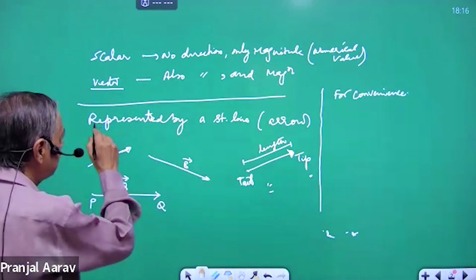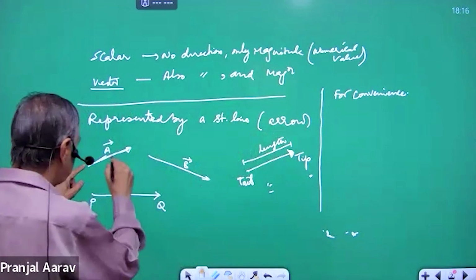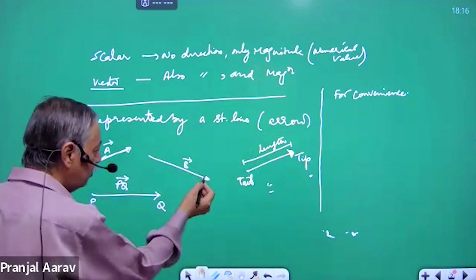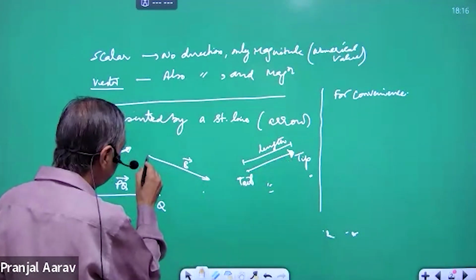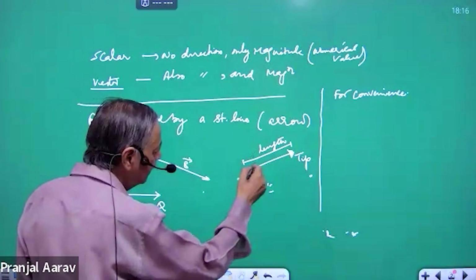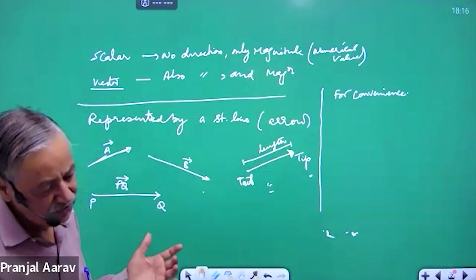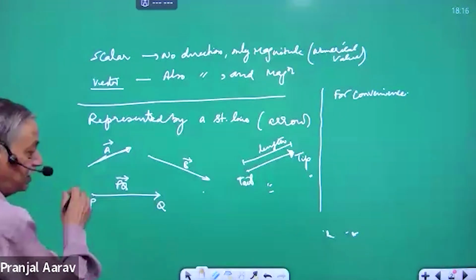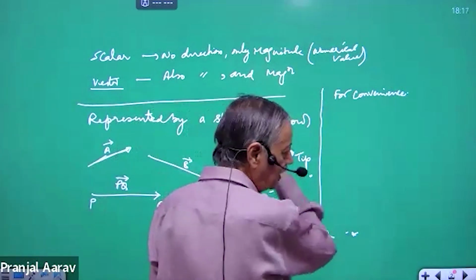Vector quantity is represented by a straight line and an arrow. The end of the arrow is called tip. The starting of the arrow is called tail, and there is a length. So there are three things: tail, tip, and length.